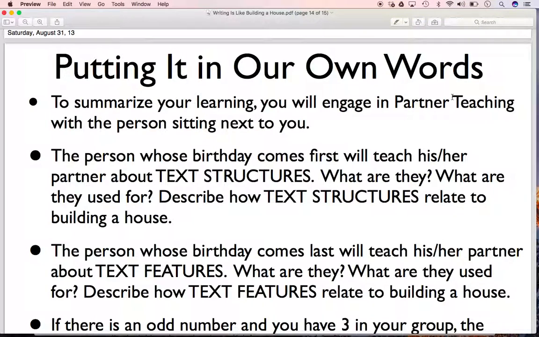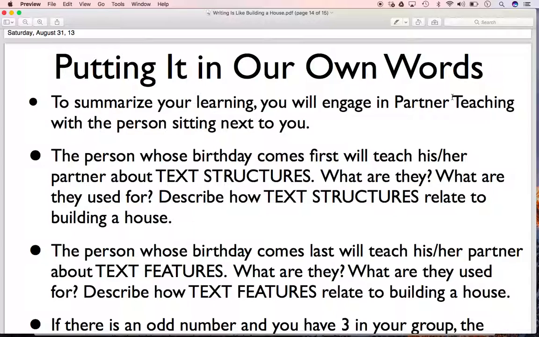Okay, so putting it in your own words. Now we're not going to do exactly what this PDF says, but we are going to use it as a prompt. It says, to summarize your learning, you will engage in partner teaching with the person sitting next to you. You're not going to do that.